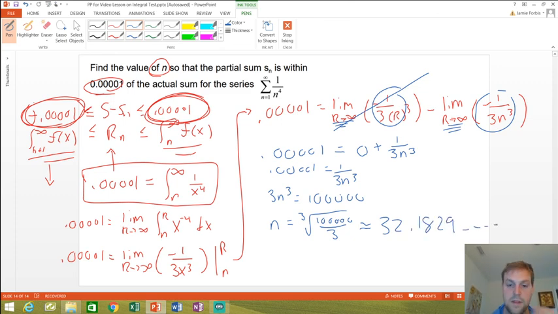Because n has to be an integer, I can't have that decimal. If I round down to 32, that's not going to give me a large enough value to be within my bounds. So I'm going to round up to the next term, and that's n equals 33.